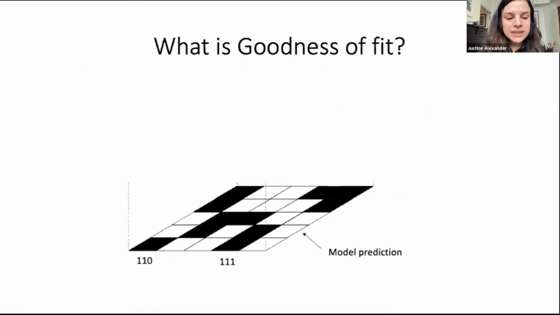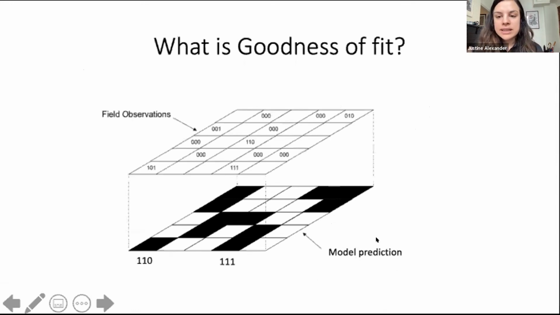But what does that mean? From our model parameters, we predict a detection history, as we just explained. For example, this is our model prediction for our area, and we also predict a detection history of 1s or 0s. It's not only just the occupancy results. We can compare that with the detection history that we actually observed, our field observations.